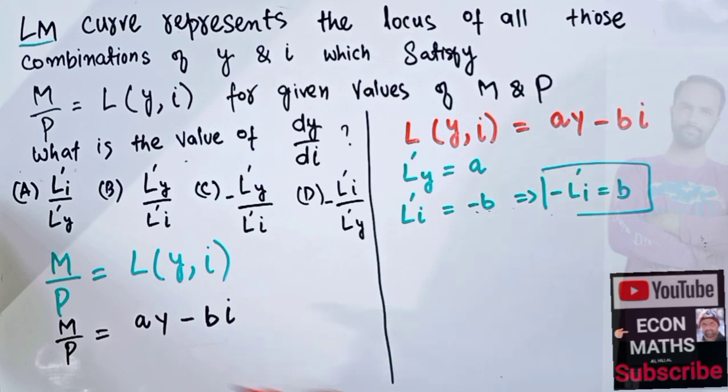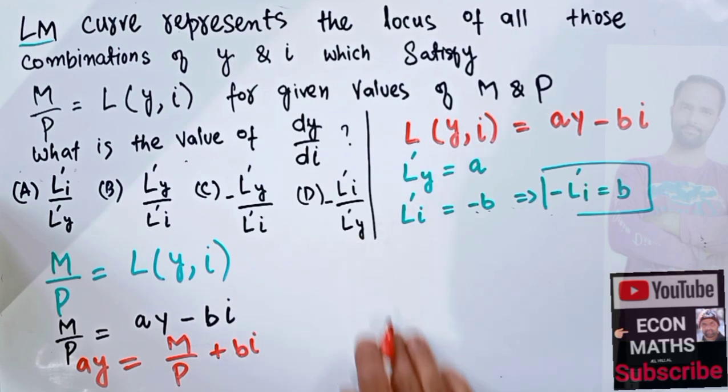Now if I solve this equation for y, what will I get? So ay will be equal to M upon P, transposing it will become plus bi.